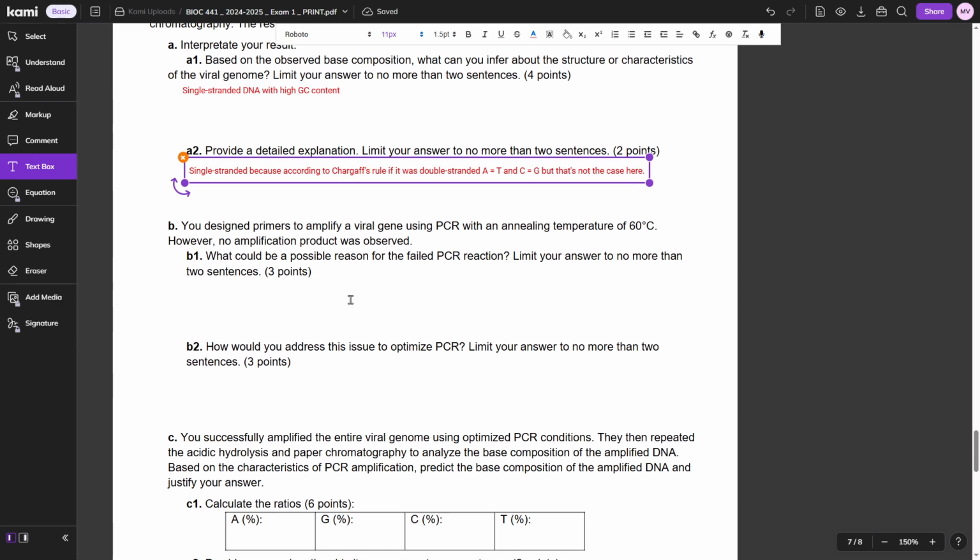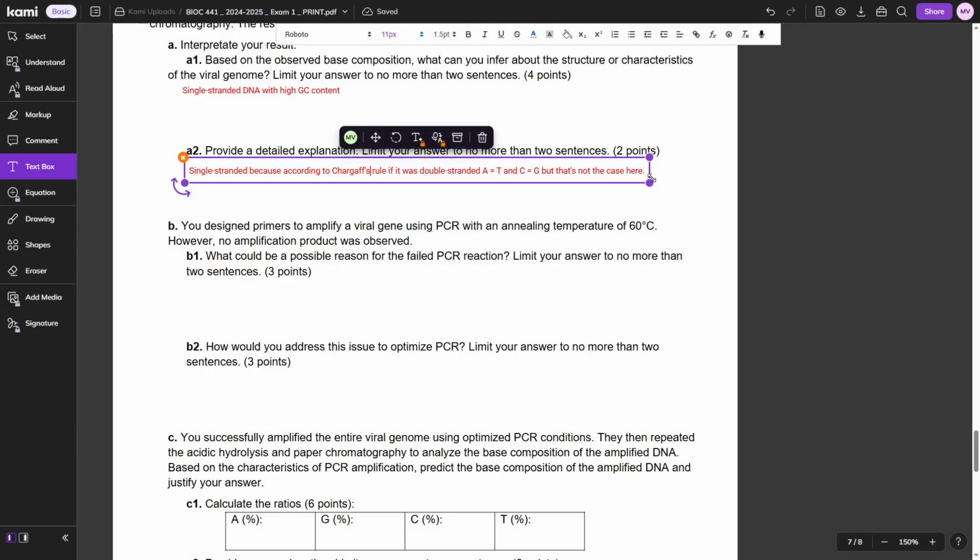Okay. You design primers to amplify a viral gene using PCR with an annealing temperature of 60. However, no amplification product was observed. What could be a possible reason for the failed reaction? So, I mean, the fact that annealing didn't work, I think the best thing to say here is maybe the annealing temperature was too low, right?